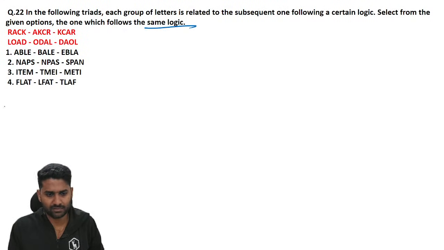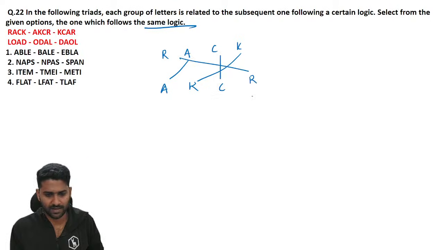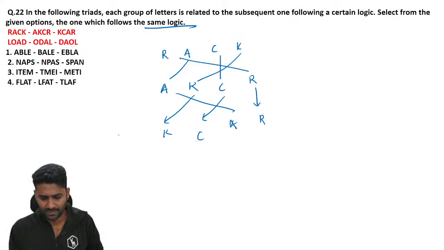Like, apply the same logic. R A C K, A K C R. Again, the same pattern they followed here: K C A R. Let's directly go with the options. See here, the last option must be the same.